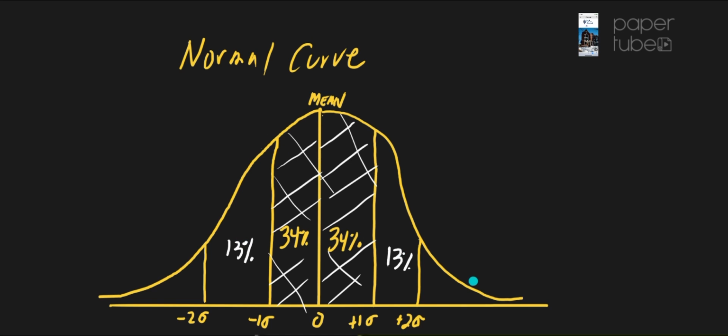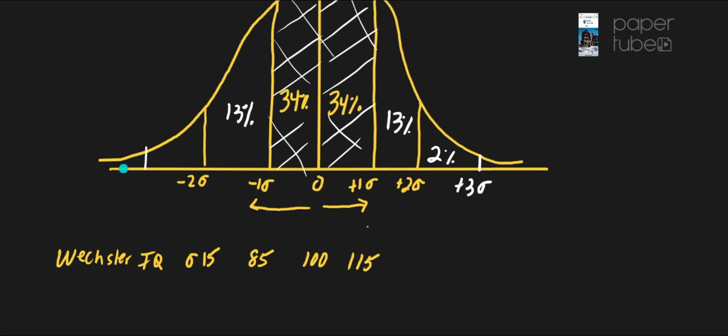And then if we go out to 3 standard deviations, this will pick up another approximately 2%, going out to the tails.